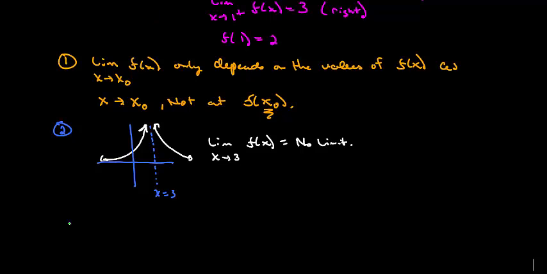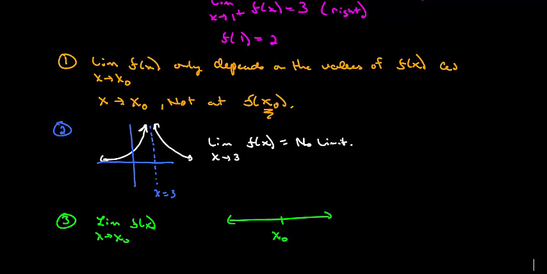The third rule is that when we're looking at limits as we approach some number x naught, we have to look at the limit from both sides. We can't just look at it from one side.